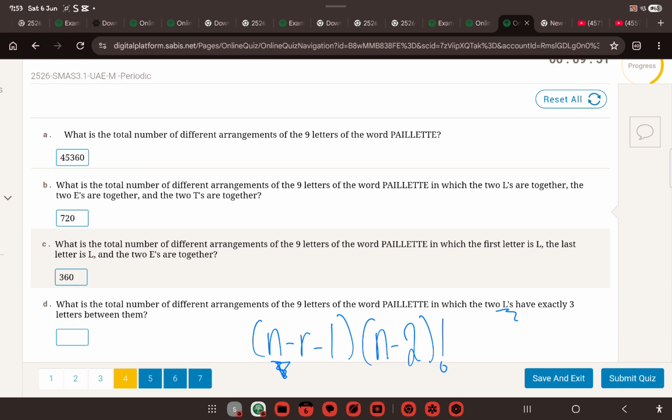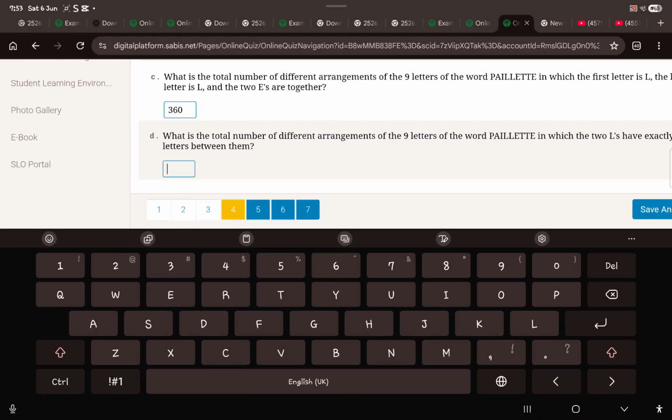You should get 25200. And now we need to divide by 2 factorial for the 2 E's and 2 factorial for the 2 T's. So we divide by 2 factorial times 2 factorial. We should get 6,300.